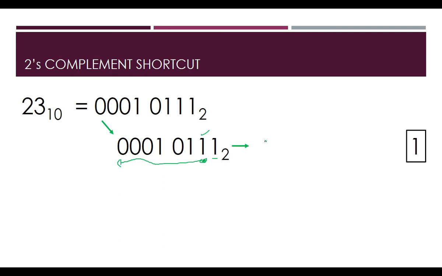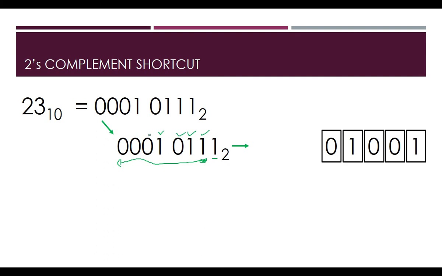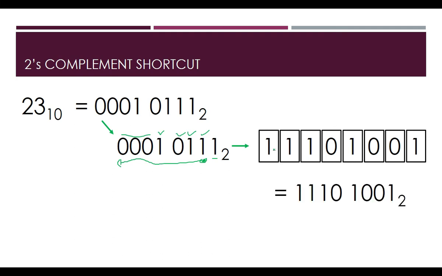So this becomes 0. So we invert. This is also 0. This is 1, 0, and then the remaining zeros will become 1. There you go. So this means that 11101001 is negative 23.